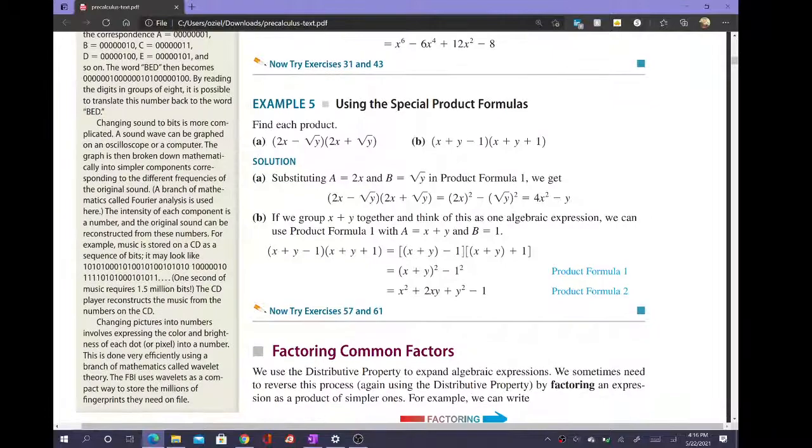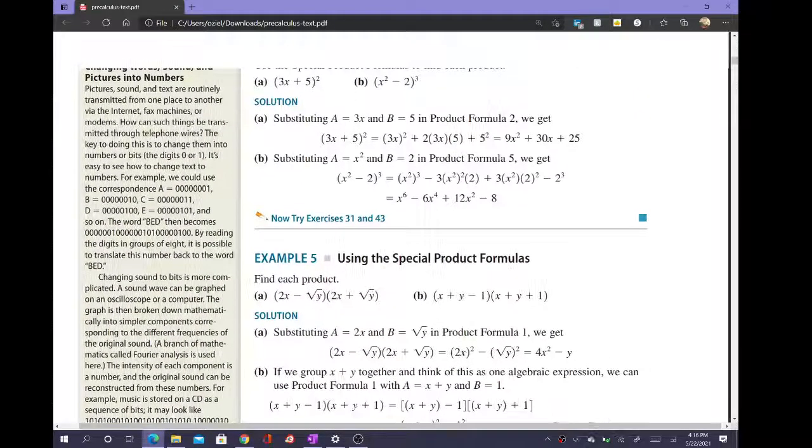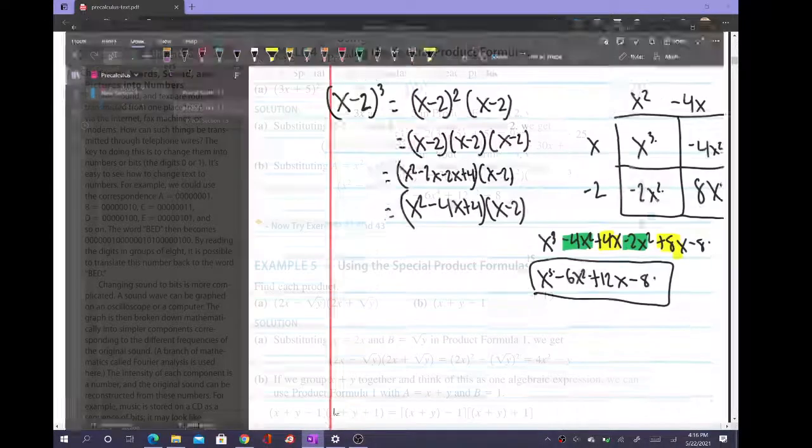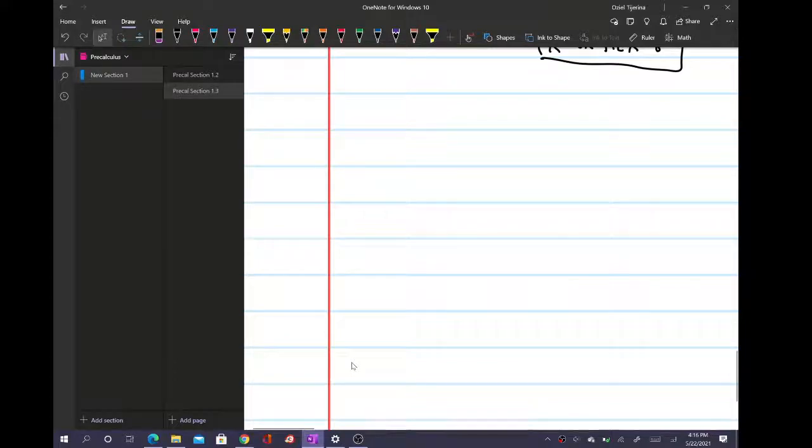All right. So this one, let's do A, because I want to explain how they did this one really quick. So 2x minus the square root of y times 2x plus the square root of y.